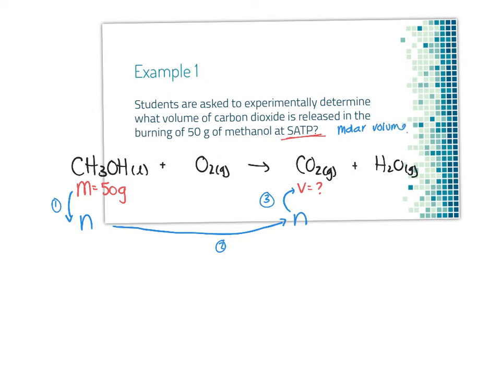All right, I'm going to do this with formulas once, and then I'm going to use unit analysis as well. I'll show both. All right, so the first one, I need to convert mass to moles. So I'm going to use n is equal to little m over big M. And I'm going to have my 50 grams divided by the molar mass of methanol, which is, I'll write it up here, 32.05 grams per mole.